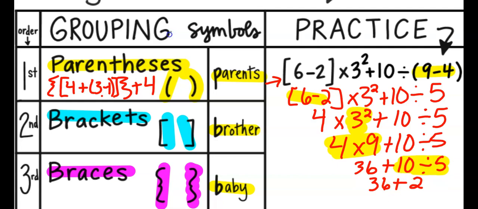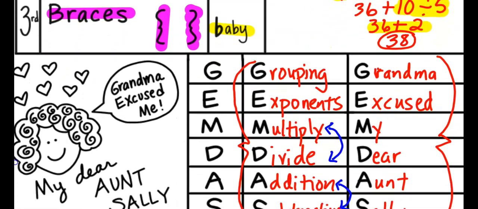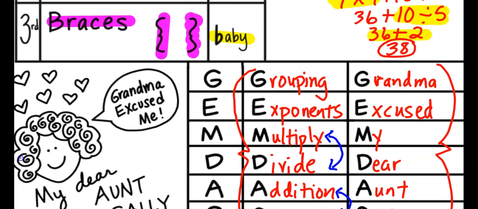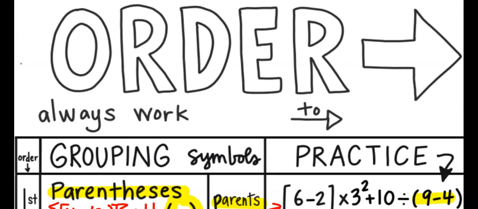I'm going to highlight it, and that's going to be 38. Okay, we have our practice problem and our different ways of remembering our order of operations. Now we've reviewed the order of operations, and you need to keep these in mind when we are evaluating expressions in class.